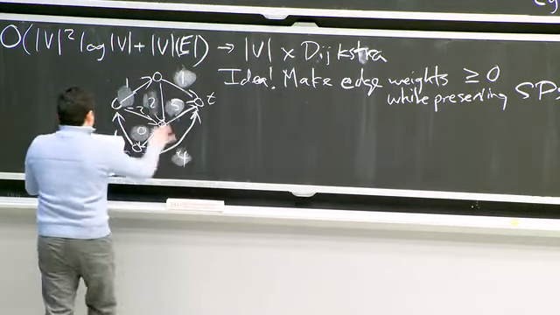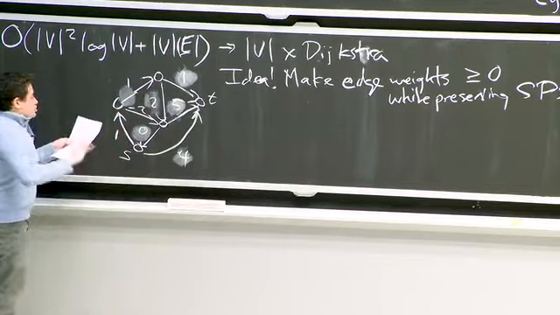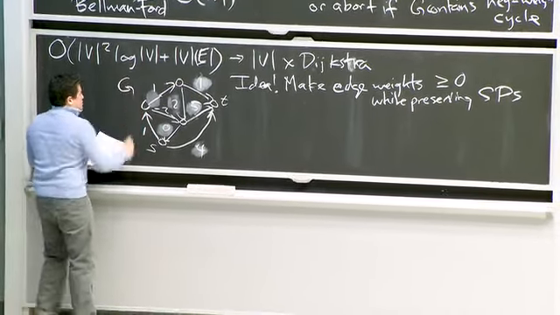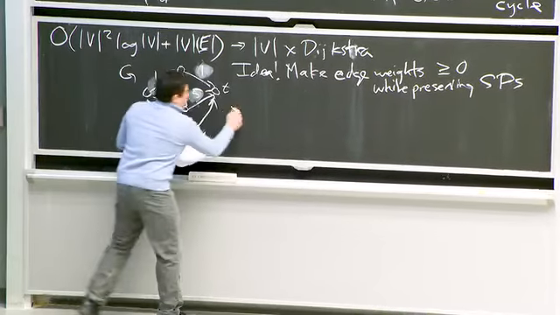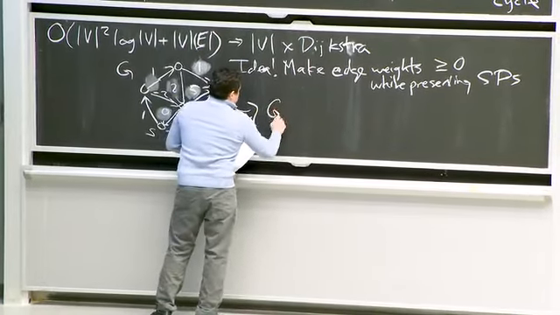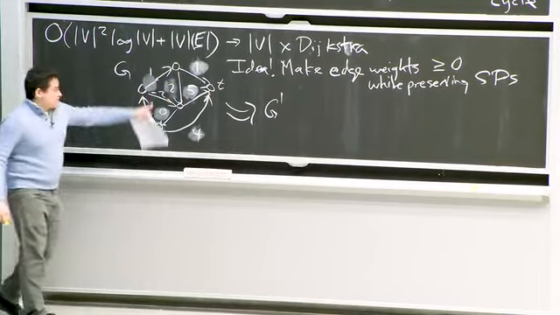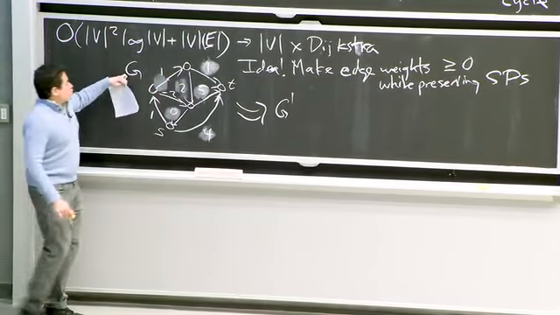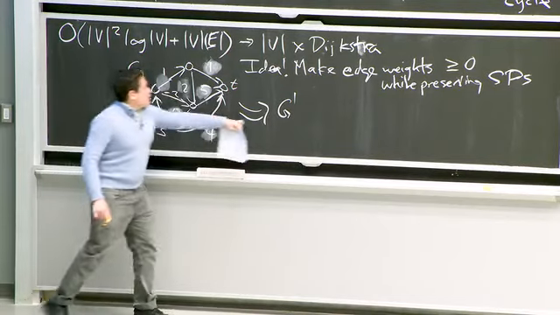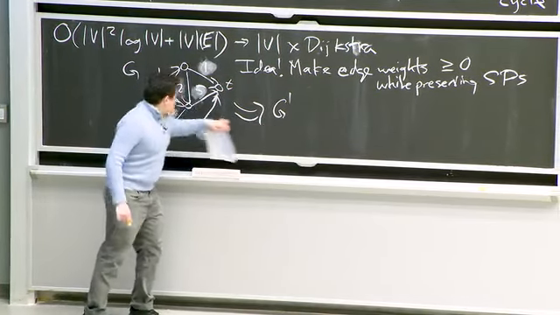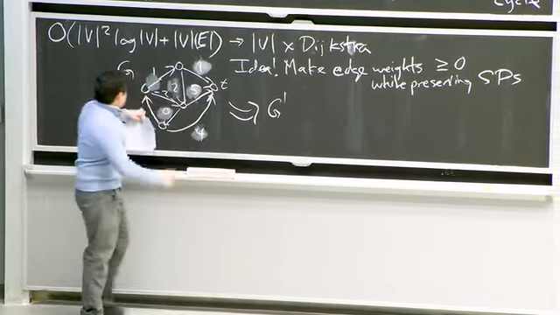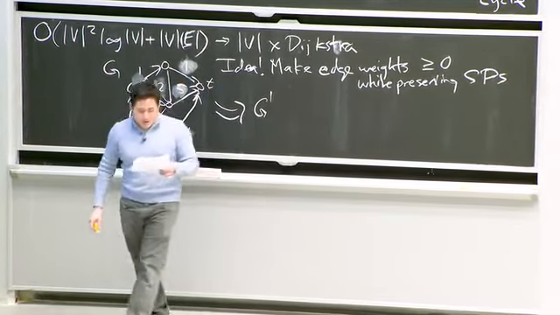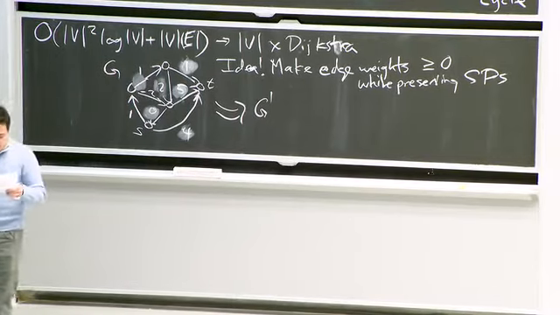In other words, just reweight the edges here so that shortest paths in G, this is G, after we reweight, we'll go to some graph G prime with the same combinatorial structure, just different edge weights, and we want these weights to all be non-negative, and we want shortest paths, if there's a shortest path in G, it continues to be a shortest path in the reweighted graph. That's the goal for today.